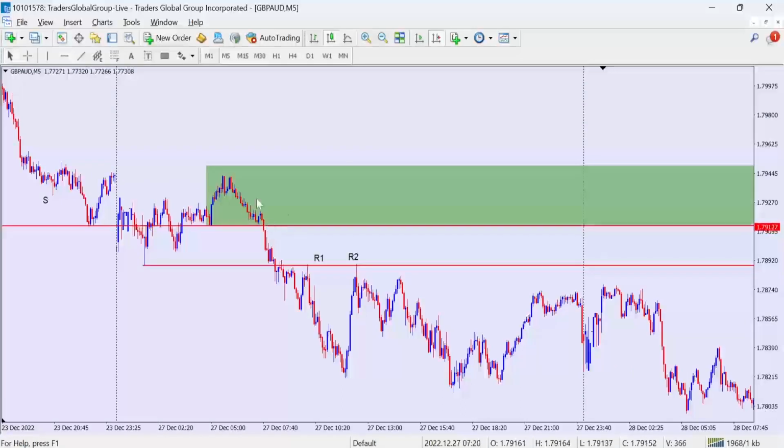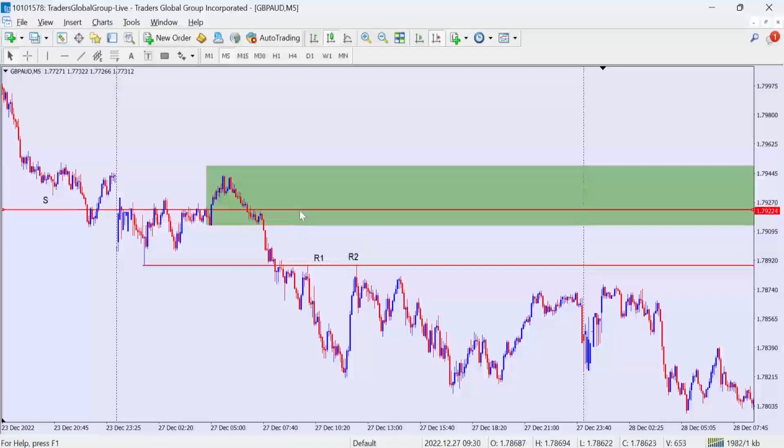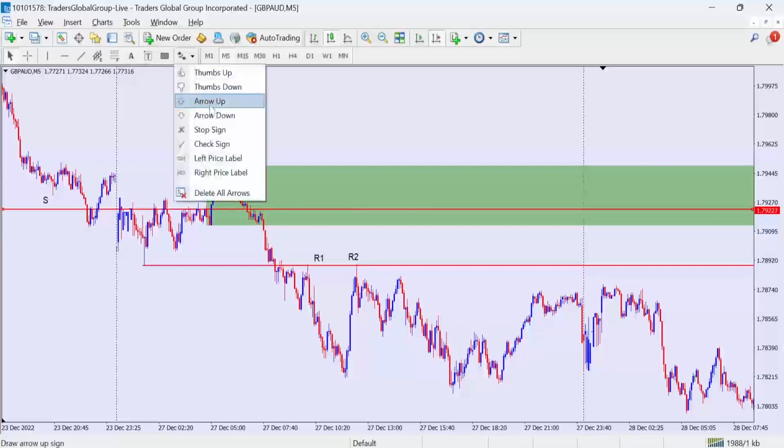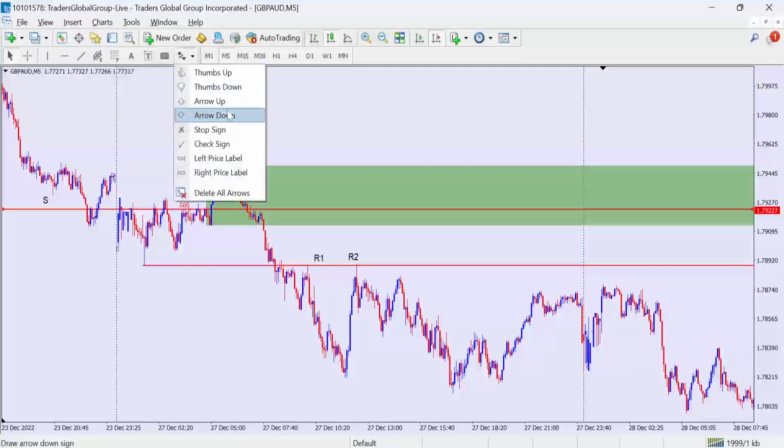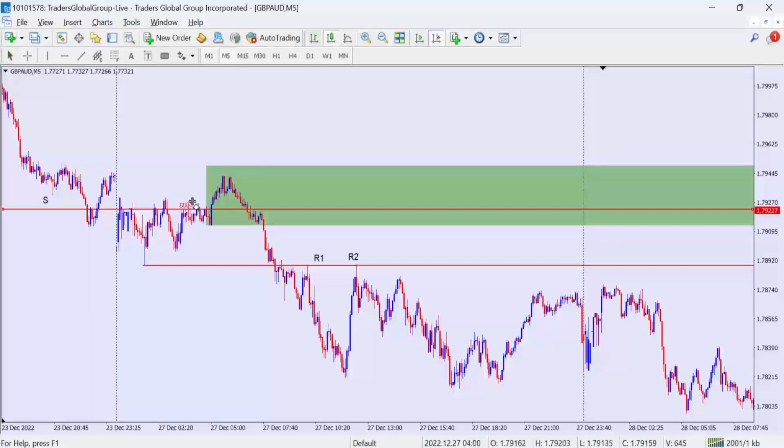We can use a line to find significant support and resistance inside the base. There is lots of resistance right here at the same level.